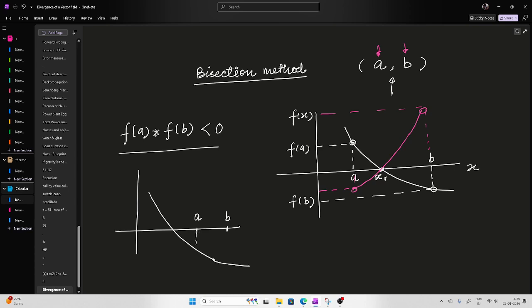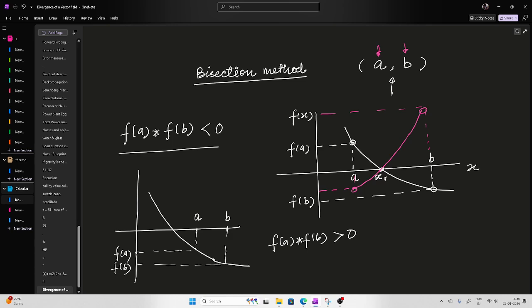Certainly not, because the value of the function here and the value of the function here have the same sign. So if I multiply, this will be more than 0, that means positive. So the signs of the function values at those two extremes should be different, and only then can I be assured that the root will be there.